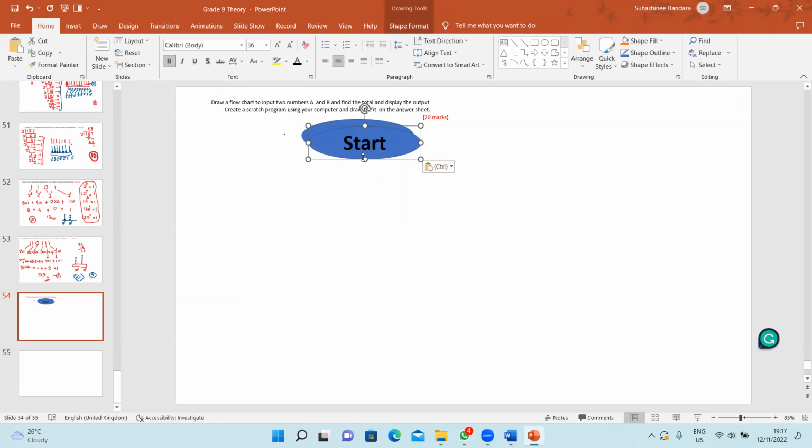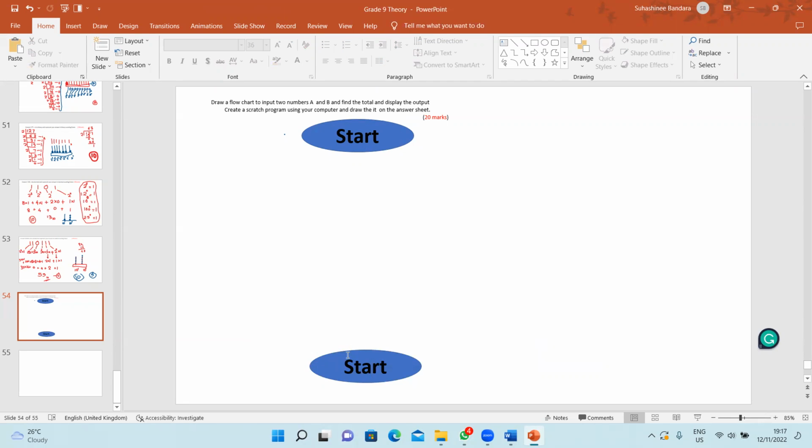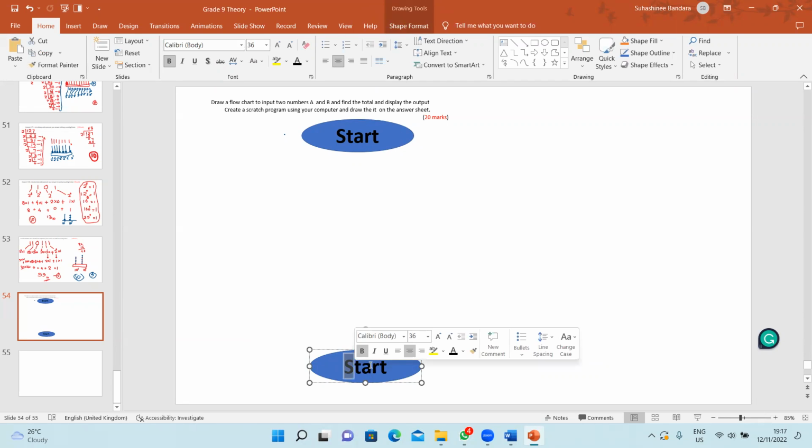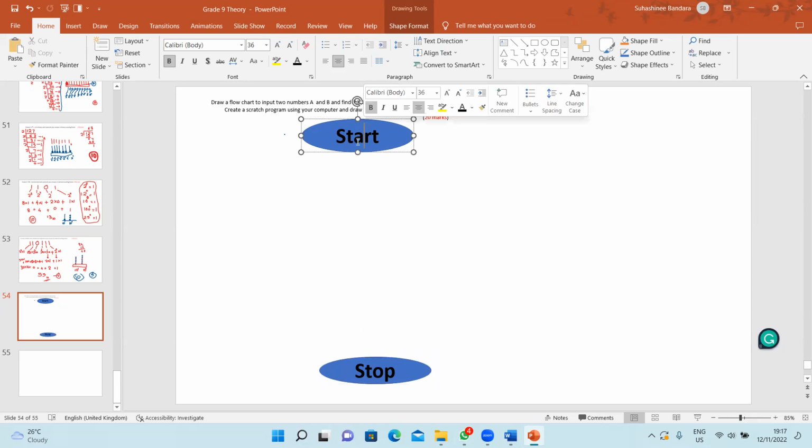I have seen in your book it looked like rounded rectangles. It's wrong. It should be oval shape. The diagram given in the book was wrong. The start and ending must be oval shape.